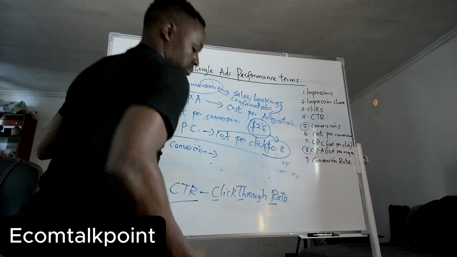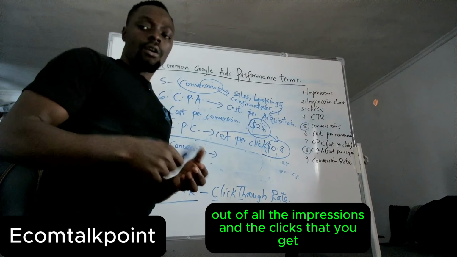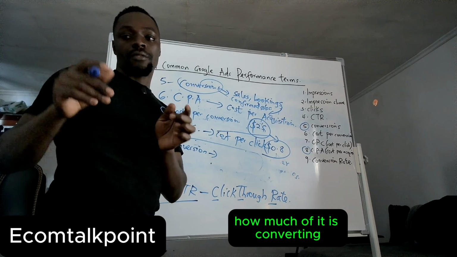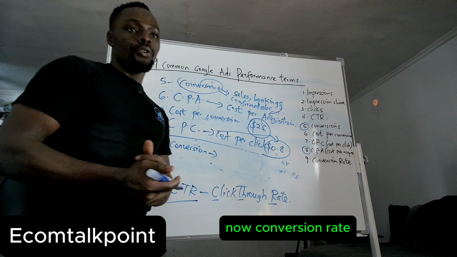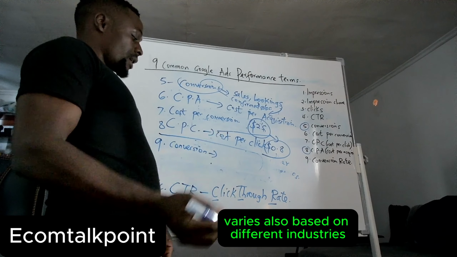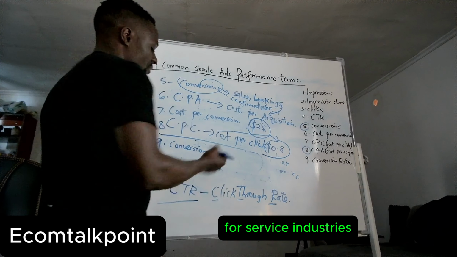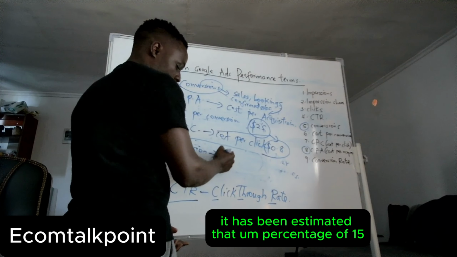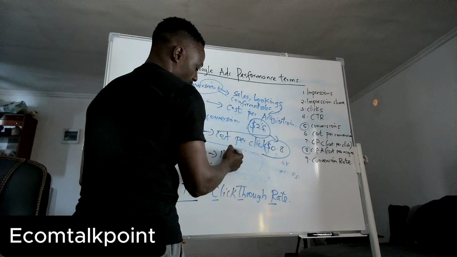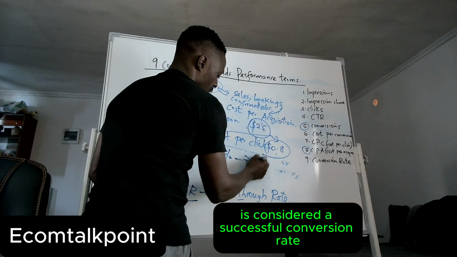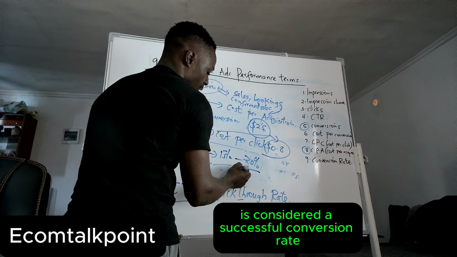So out of all the impressions and the clicks that you get, how much of it is converting? Now, conversion rate varies also based on different industries. For service industries, it has been estimated that a percentage of 15 to 20 is considered a successful conversion rate.